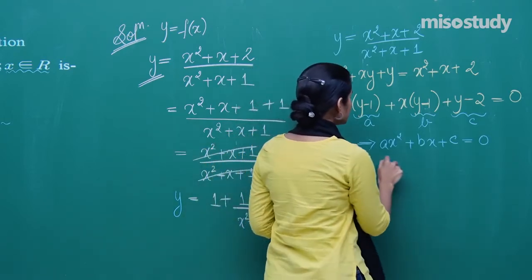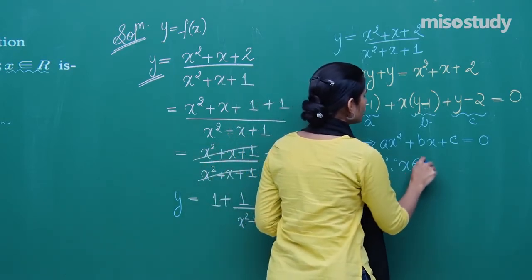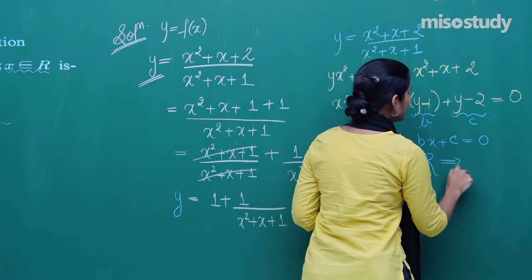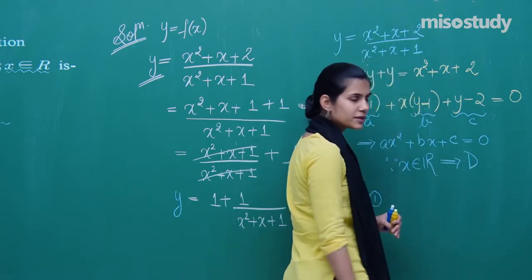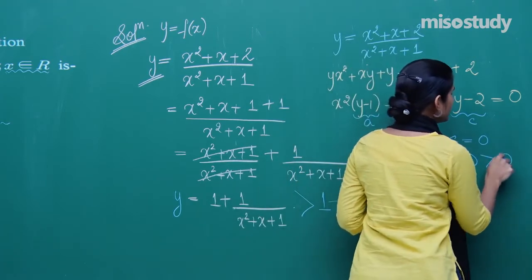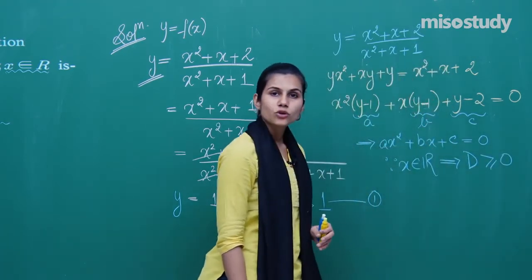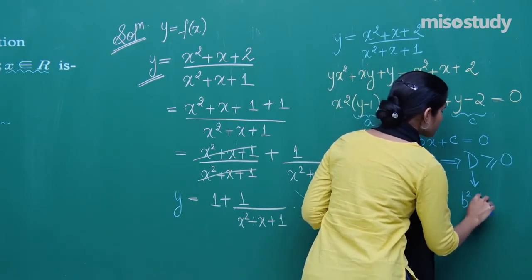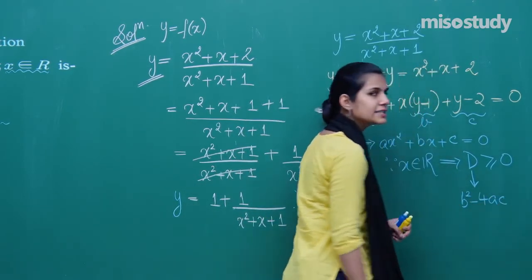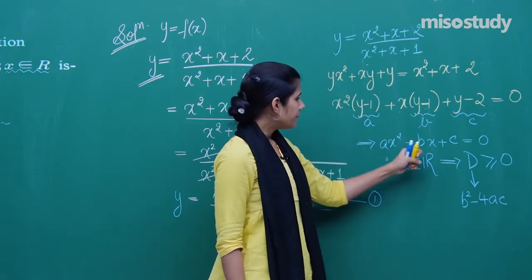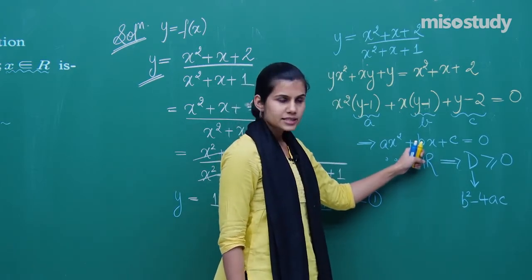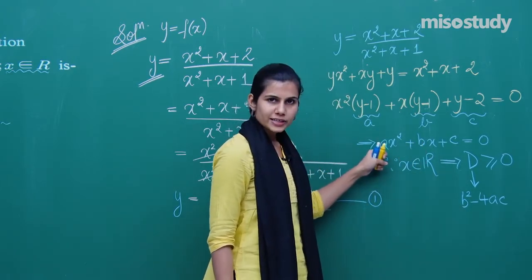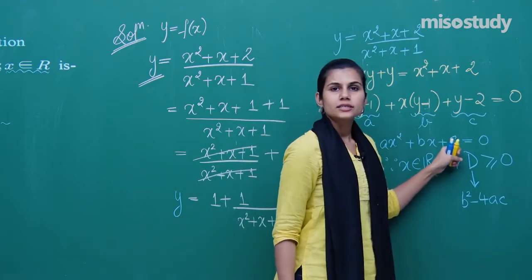That means since x belongs to R, this implies the discriminant of this particular quadratic equation is greater than or equal to 0. And the discriminant is given by b square minus 4ac, where b is the coefficient of x, a is the coefficient of x square, c is the constant term.